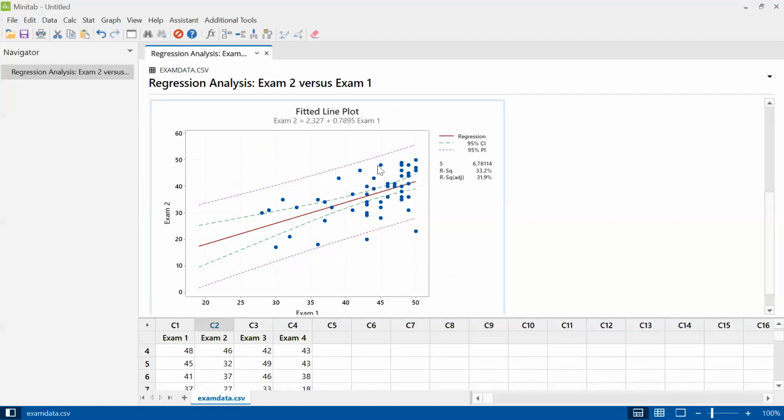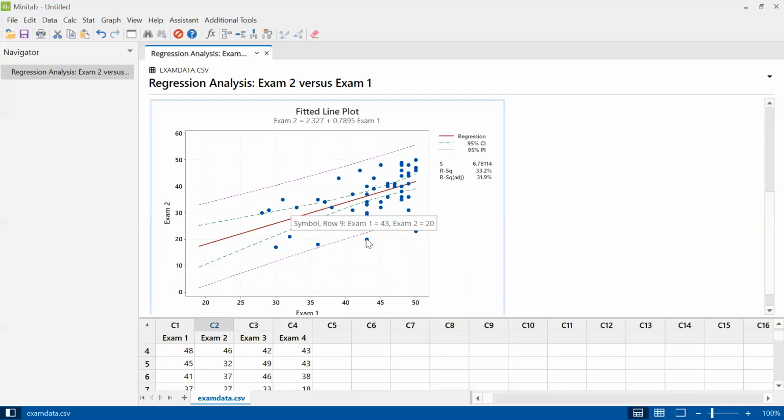The dotted lines are trying to capture all of the scores, not just the average for each particular exam 1 score, but all of the dots. We want 95% of all of the dots to be in here. And there's only 2 dots that appear outside of those lines. This one person who got a perfect on exam 1 and only 23 out of 50 on exam 2, that's pretty unusual.